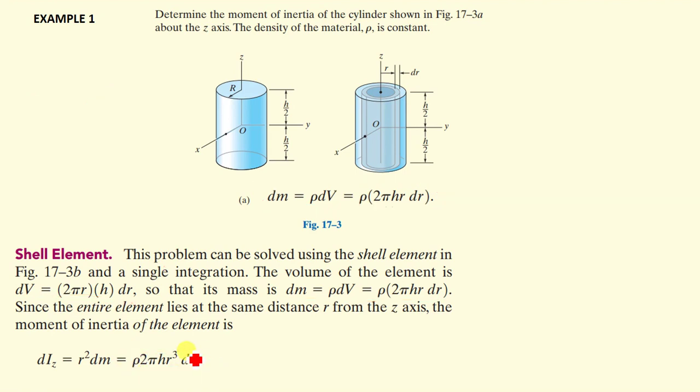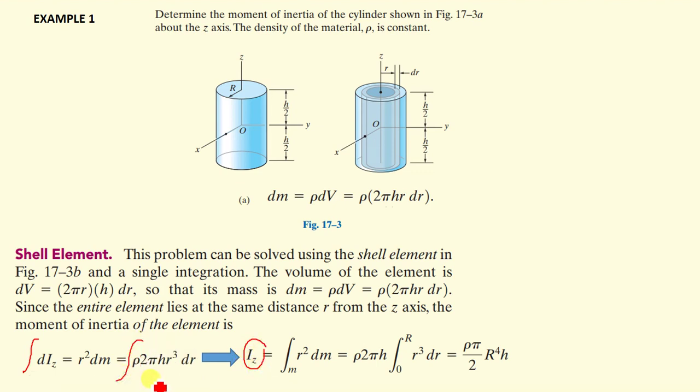So hope you're getting what I'm saying. And then after that, we can now perform the integration. When you integrate this part, we're going to remain with just I_z, and then we also integrate this part. We're integrating this with respect to what? To r.